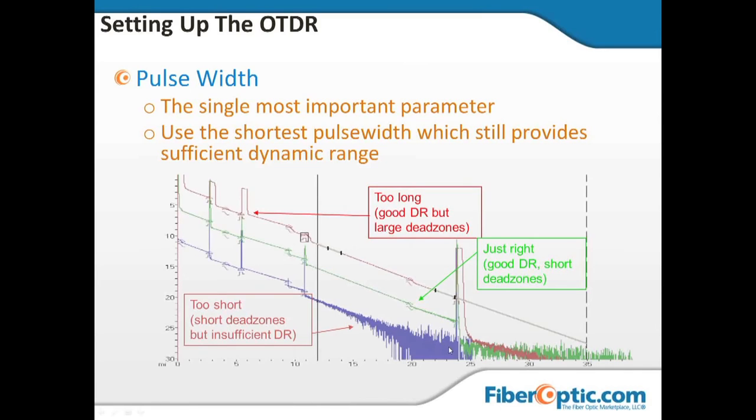Now we're down here in the noise floor, and we don't even see the end of line correctly. And you'll notice this splice event at about 20 and some change miles is gone. We don't even know it's there. So we can turn up our pulse width to make sure we get to the end of the line nice and clean and smooth, but we get these big wide dead zones.